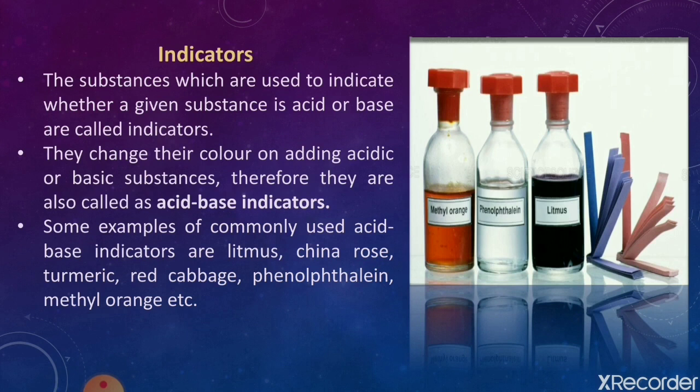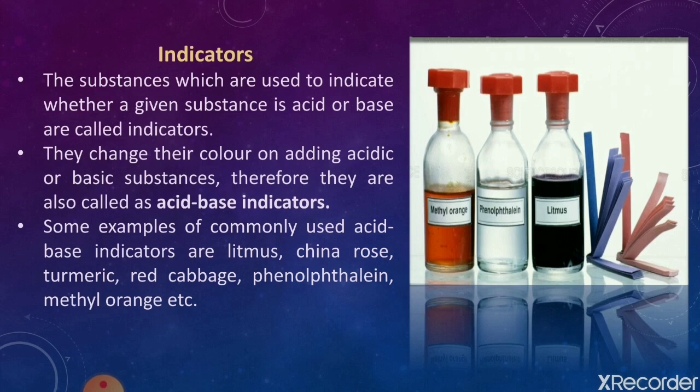The commonly used indicators are litmus, turmeric, phenolphthalein, red cabbage, red onion, China rose and methyl orange. Many types of indicators are present, and they are available in each laboratory.